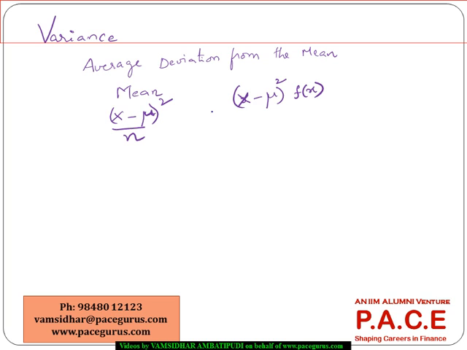This entire thing is integrated over the entire space, or if it is in a discrete form, I'm going to do the summation, because in the discrete form I'll not use it as f of x. I'll use it as probability of X equal to x, and I'm going to sum it up over all values of x, either of them. This is what we are trying to measure as variance.